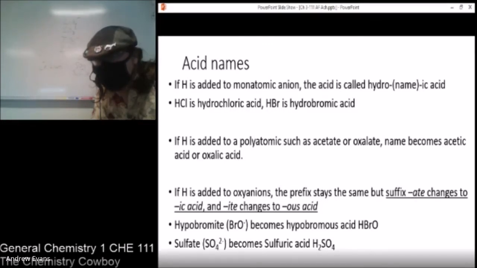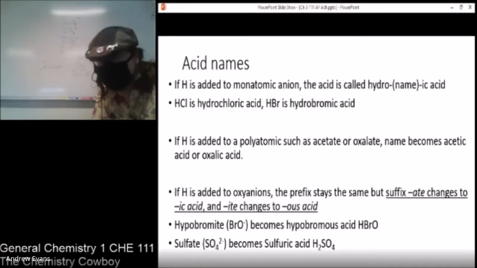So acetate, which is the C2H3O2, the vinegar, becomes acetic acid. So I remove the ATE and put IC acid. Oxalate can become oxalic acid. And the same thing is going to be true for the oxyanions. The ATE will go to an IC acid.